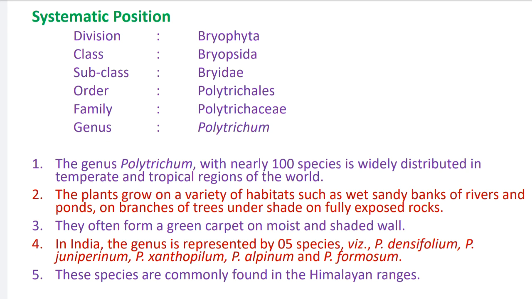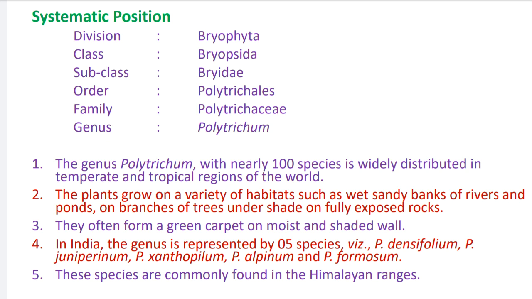Another name for Bryopsida is Musci. Then subclass Bryidae, order Polytrichales, family Polytrichaceae, and genus Polytrichum. This is the systematic position of Polytrichum.